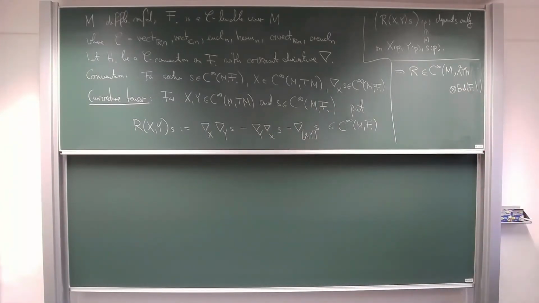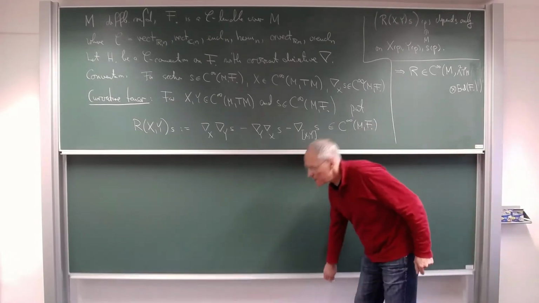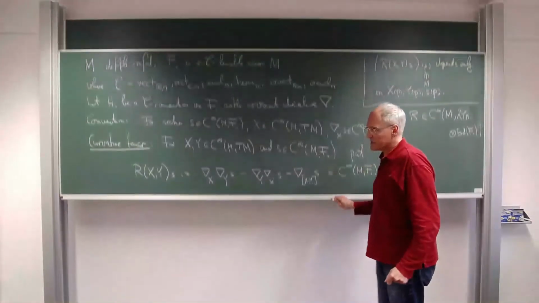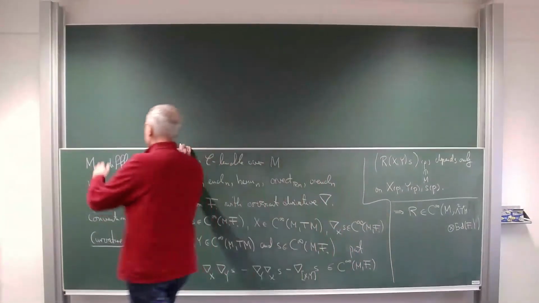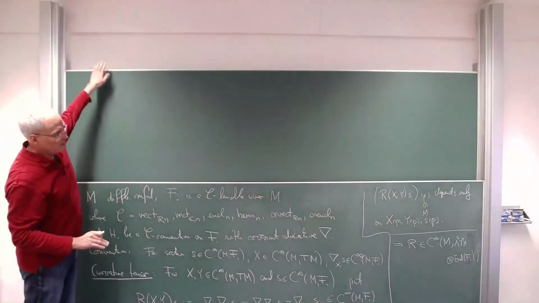And in order to construct our characteristic classes, I need to write curvature and connections in a slightly different way. And this is done using local trivializations. And this is as follows.